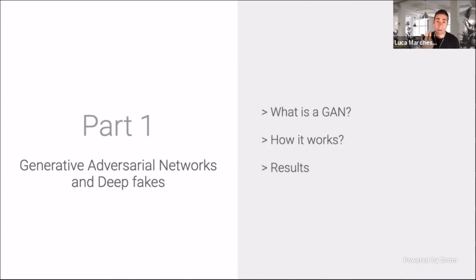The technology, many of you already know it, is called the Generative Adversarial Network. We're going to look at what a GAN is, how it works, and also at some results.